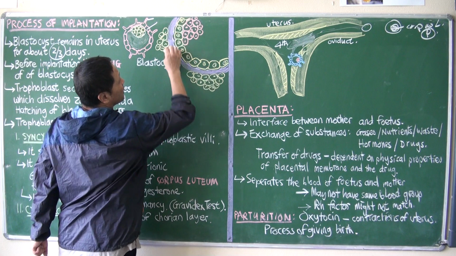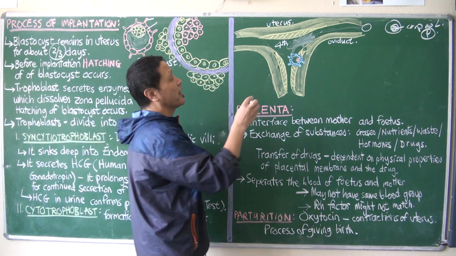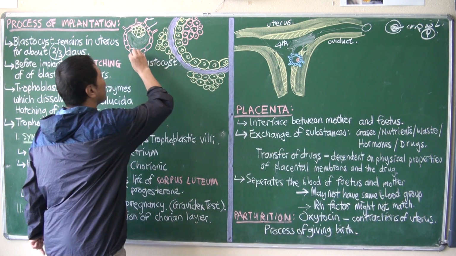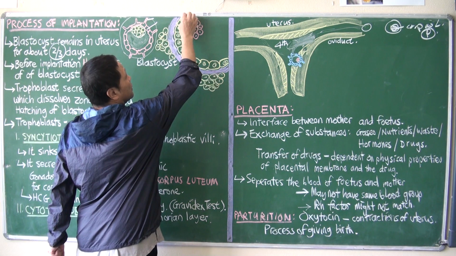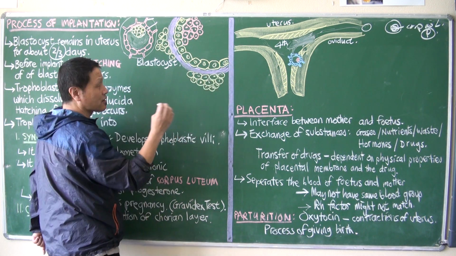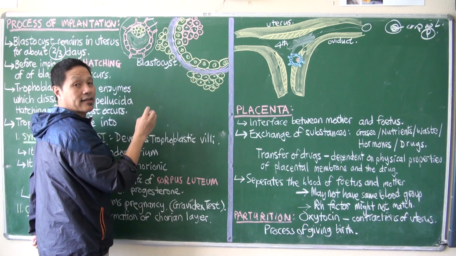So here's a bigger version of it. When the blastocyst enters the uterus, it is not like this. It is actually like this, which means the difference is that it still has its zona pellucida intact.